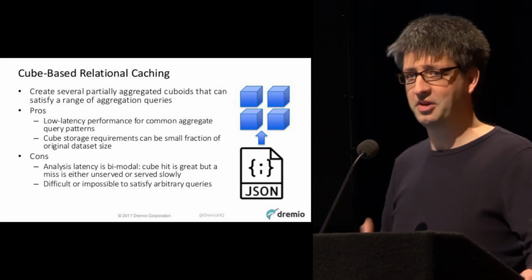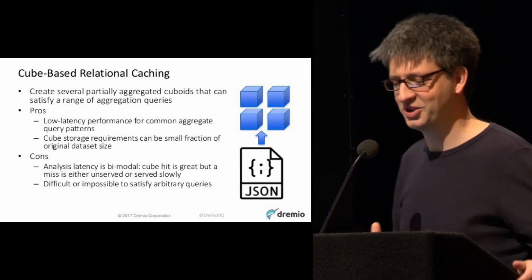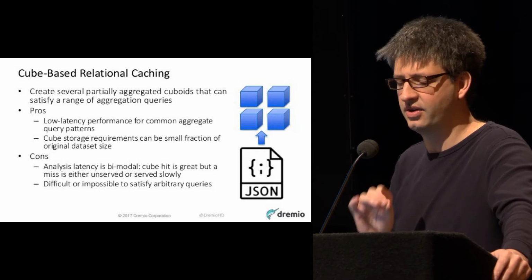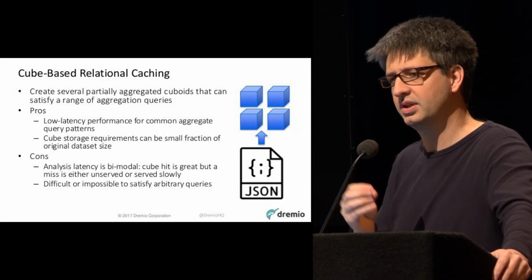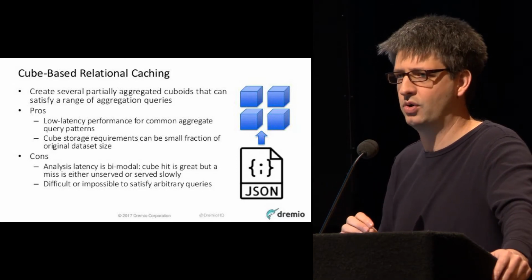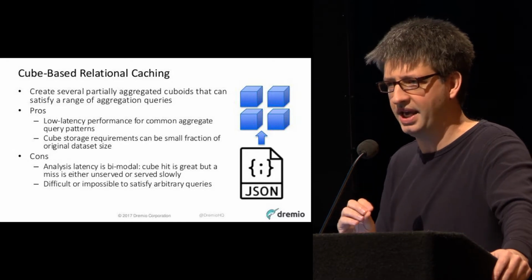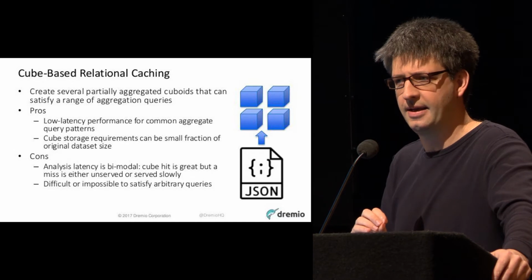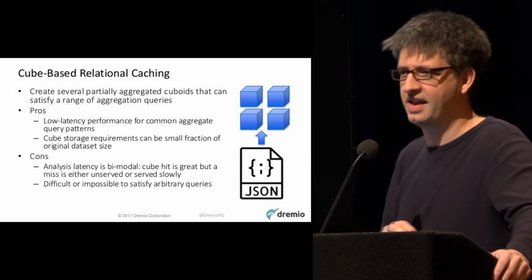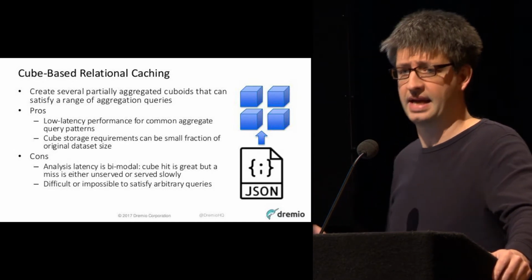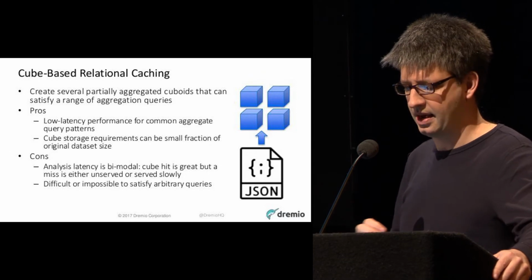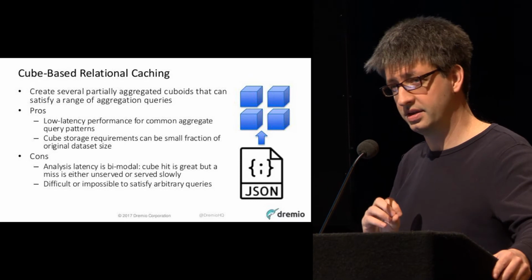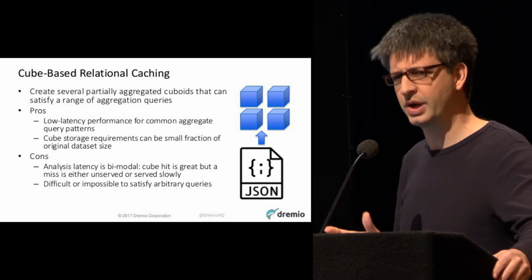Now, the flip side for cube-based relational caching is that the interaction speed with data, the ability to retrieve data quickly, is very bimodal. If I get a cube hit, I get answers basically instantaneously or close to it. But if I miss the cube, then I've got to go back to the raw data, and who knows how long that's going to take. The other issue is that it's difficult to use a cube to satisfy an arbitrary query pattern.